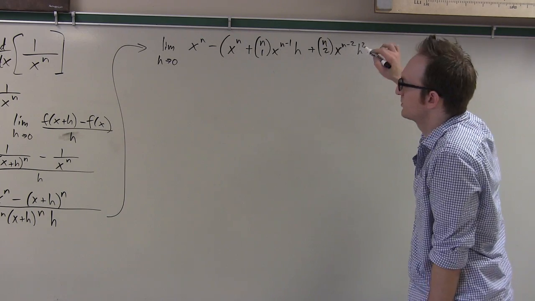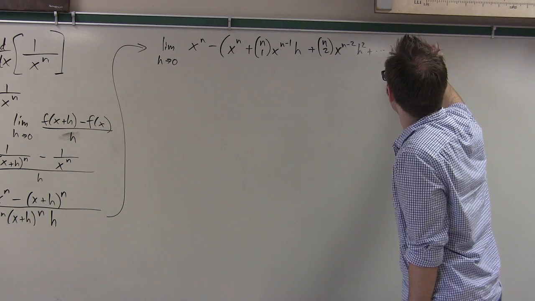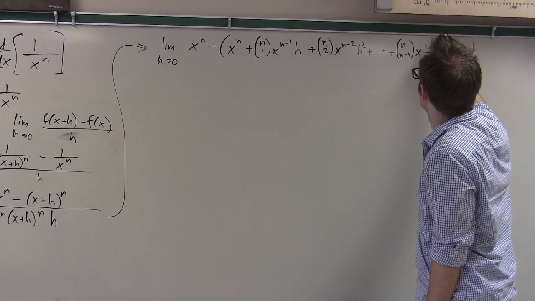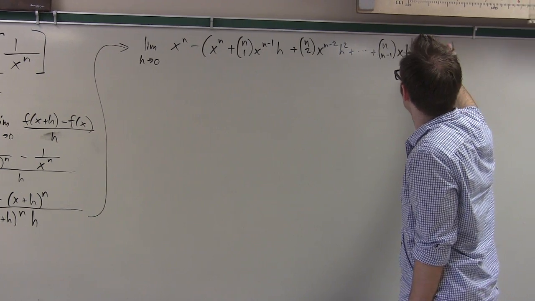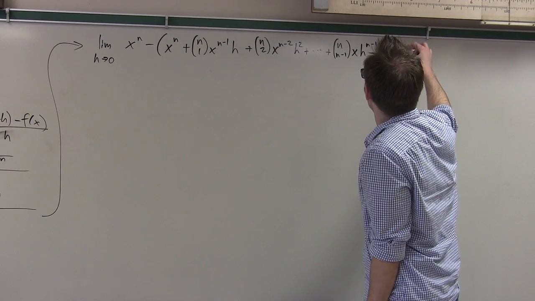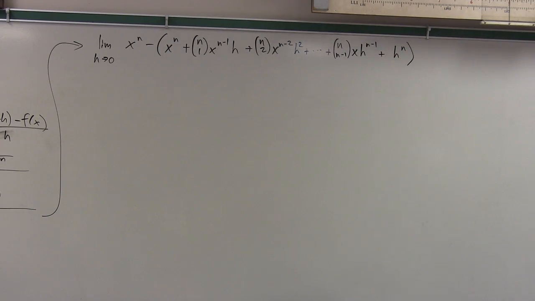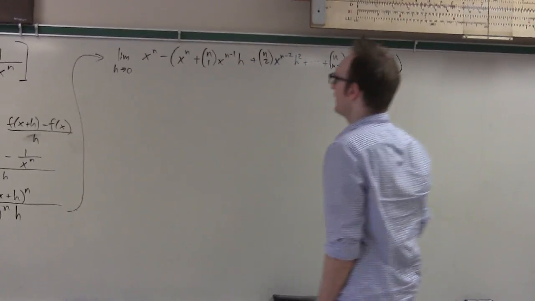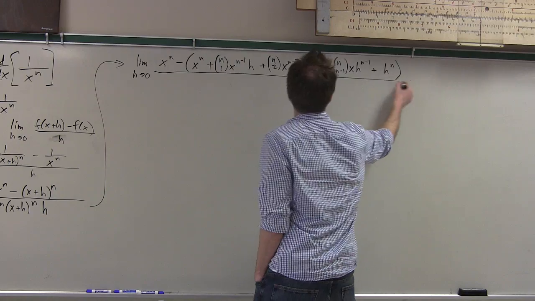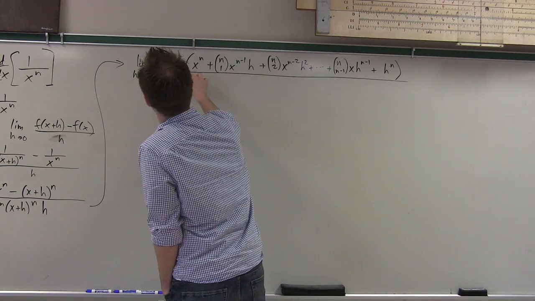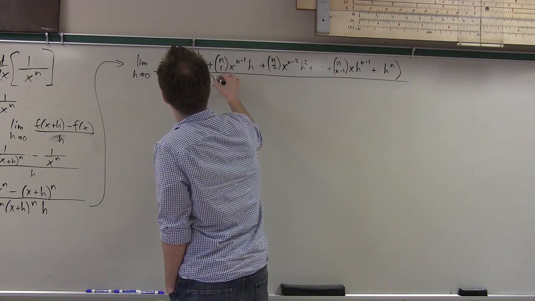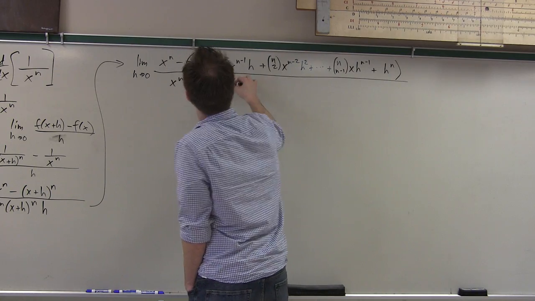And we get all the way to the second to last term, n choose n minus 1, x, h to the n minus 1, and then the last term is just going to be h to the n. Are you guys with me? All right, all over x to the n, x plus h to the n times h.